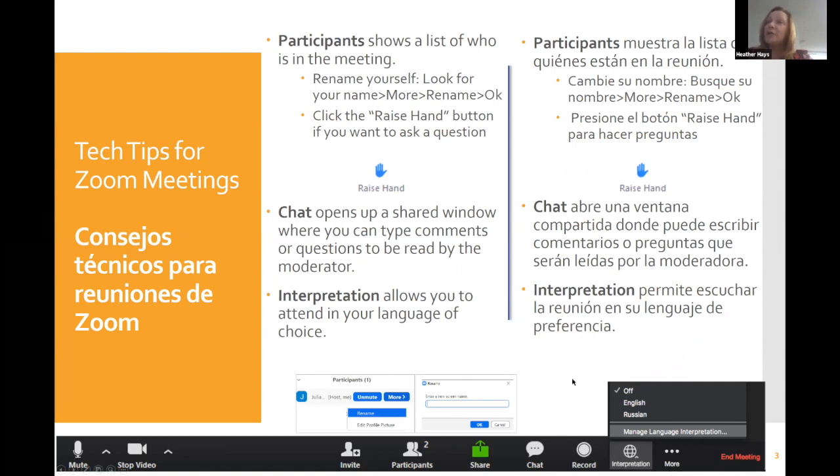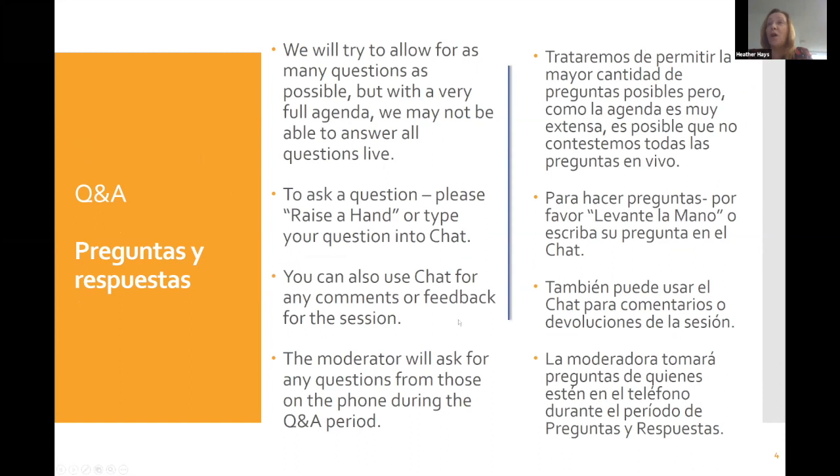Please pick either English or Spanish so that you can participate fully in the meeting and hear translation into the language of your choice. If you want to see who's attending with us today, please use the participant list. And always remember that you can participate via chat. You can raise your hand and we'll call upon you during appropriate moments. We want this to be a highly interactive question and answer period, so we're always excited to have a very robust conversation with our community during these HICP meetings.